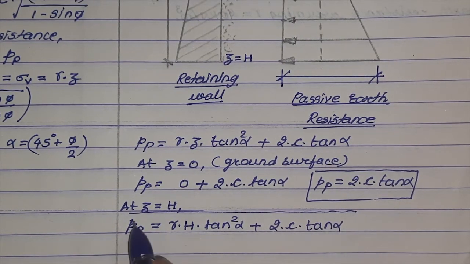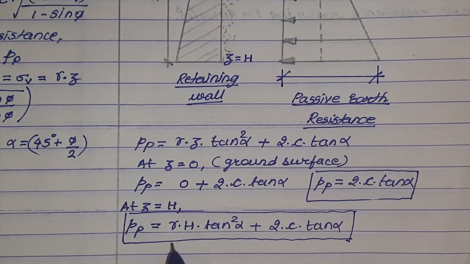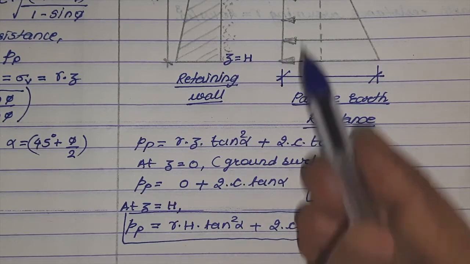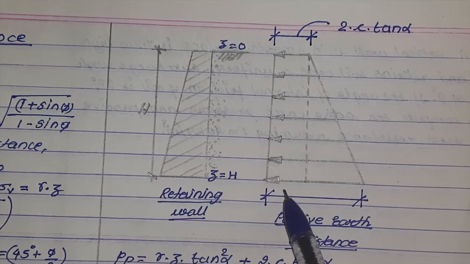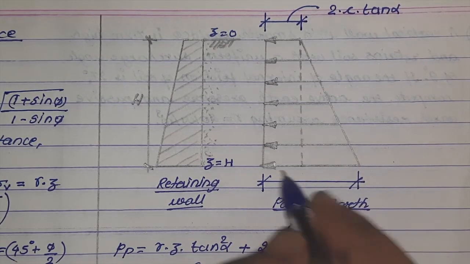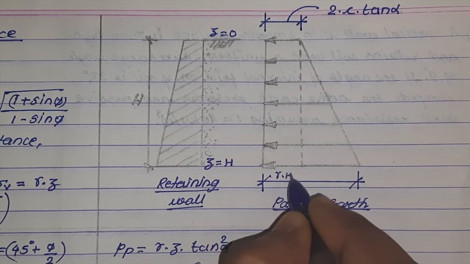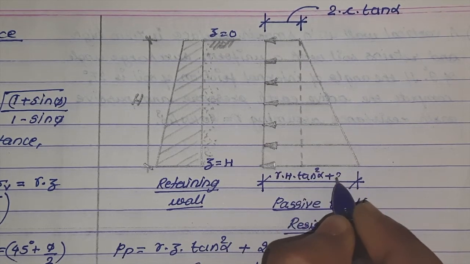In this equation, the 2c tan alpha term is constant, and the additional term is gamma h tan square alpha. So that means this 2c tan alpha will be acting throughout the depth of the wall. Therefore, at the base, this pressure is going to be gamma h tan square alpha plus 2c tan alpha.